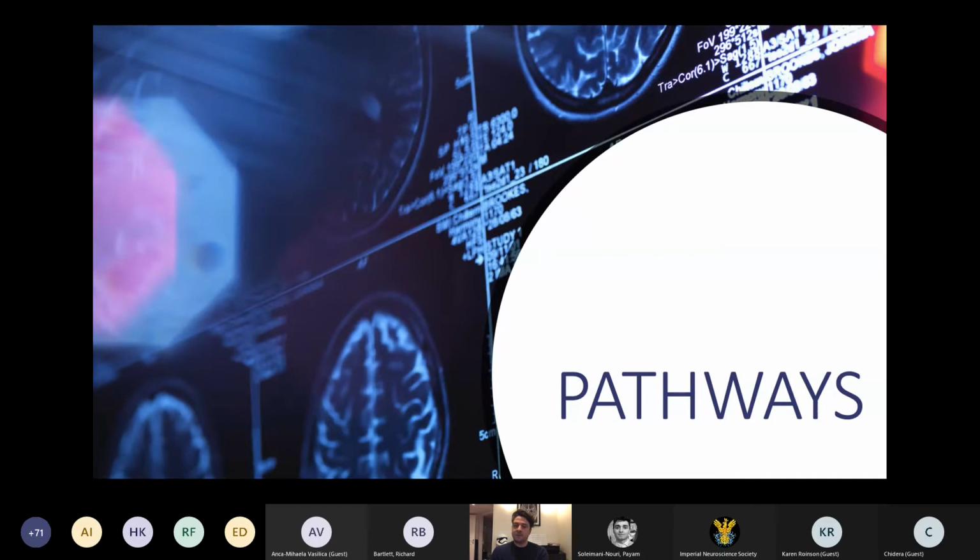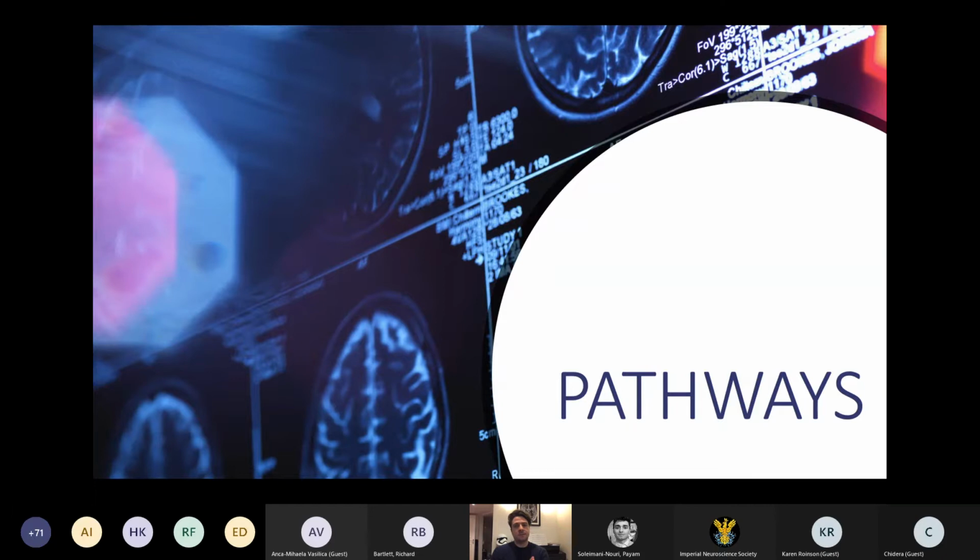The pathways, be it indirect, direct, already sound a bit confusing. And when you mix in the words inhibitory and excitatory every other word, it gets a little bit complex. So we're going to spend plenty of time on this and break it down. I've got a mixture of images that are very visual and then those that are a bit more structural, so we can try 2 different ways at that.